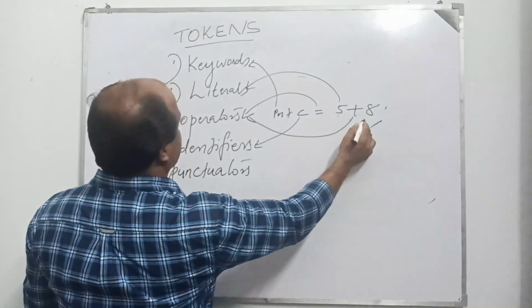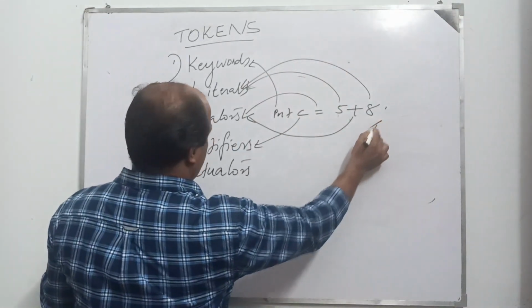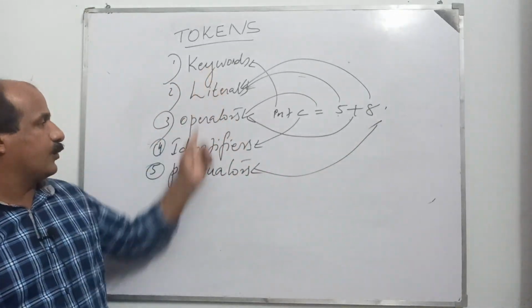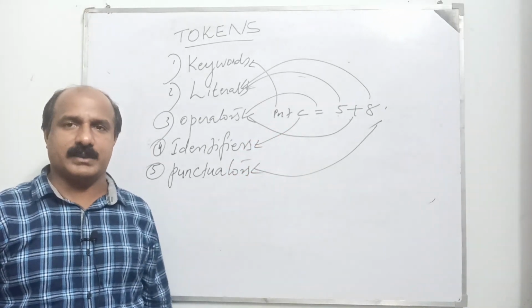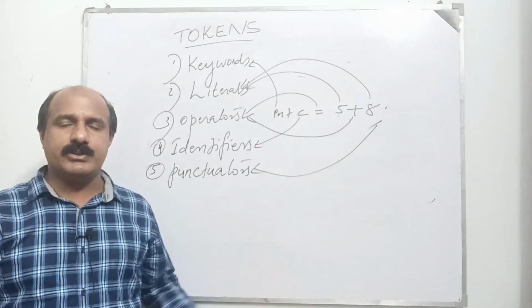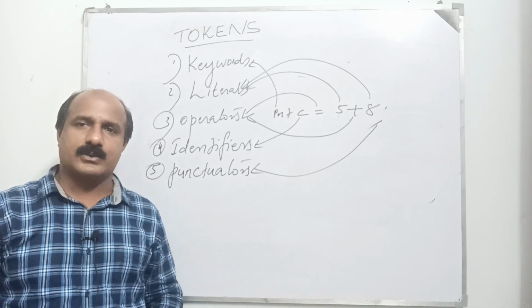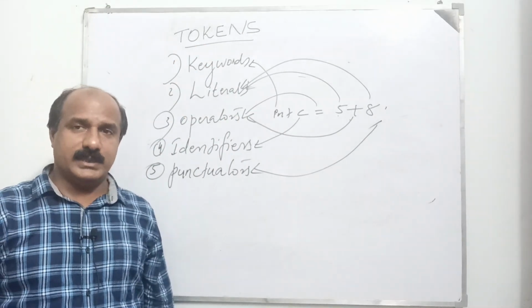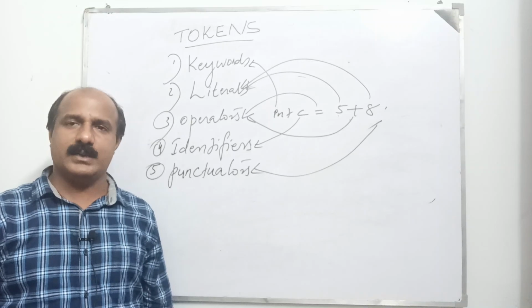Now 8 is again a literal. Now this is the punctuator. Whatever I have written here, you can identify from a Java statement. So each individual unit of a Java program is called a token. We are studying tokens now.